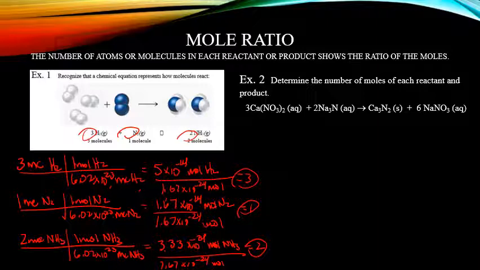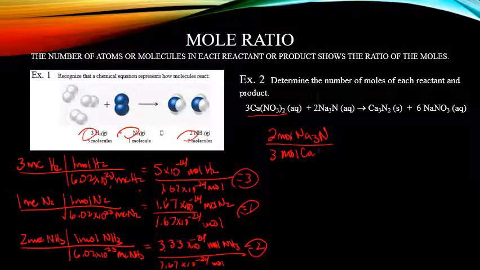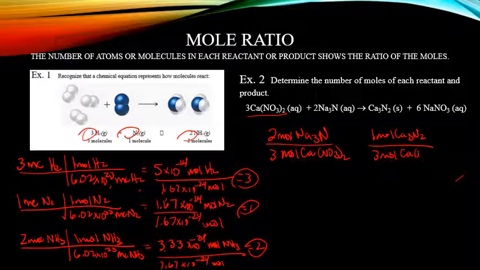If I want to set up conversion factors for the calcium nitrate compared to everything else, I would simply have, again, 2 moles of Na3N over 3 moles of Ca(NO3)2. I could have 1 mole of Ca3N2 over 3 moles of Ca(NO3)2.